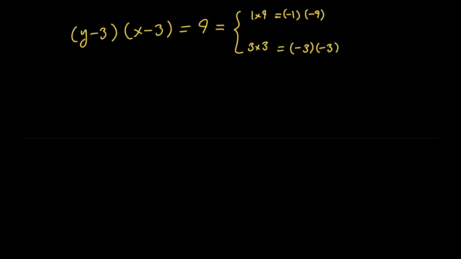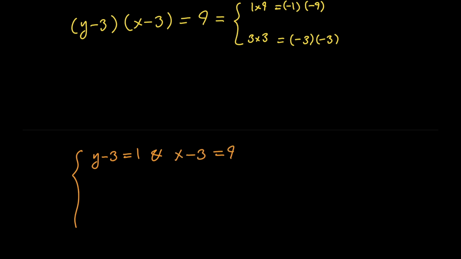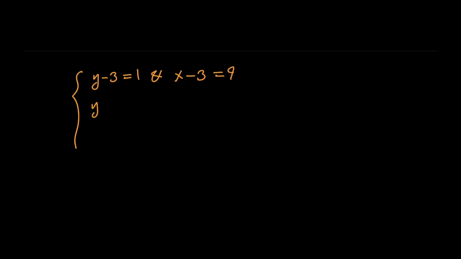In the first one, I can go ahead and say that y minus 3 equals 1 and x minus 3 equals 9. In the next one, I can say that y minus 3 equals 9 and x minus 3 equals 1. Next one, I can say that y minus 3 and x minus 3 are both equal to 3.